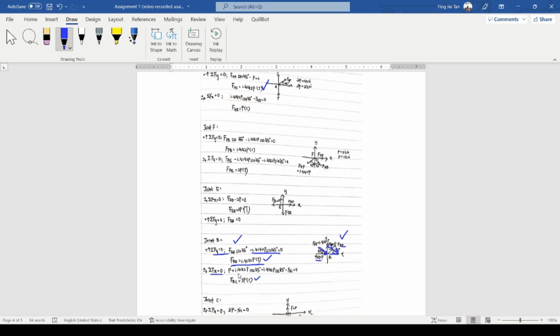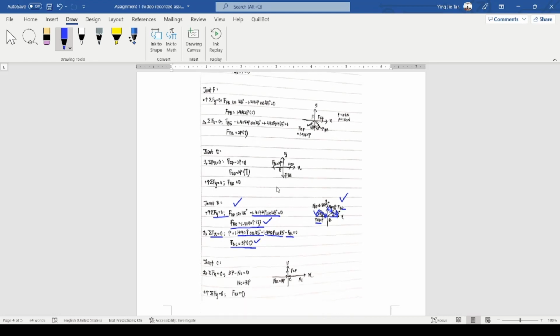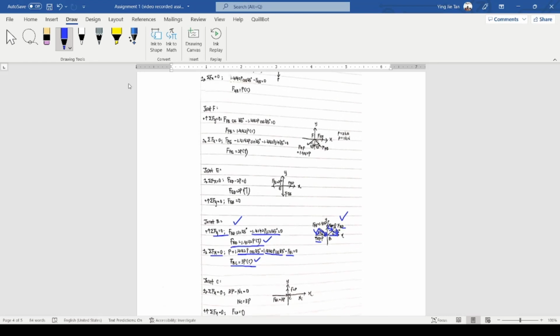We get this one. And then another one will also resolve to here. So we'll get this one, and then minus your FBC. After that, we will get this one by using the math method. And last, we are going to joint C.